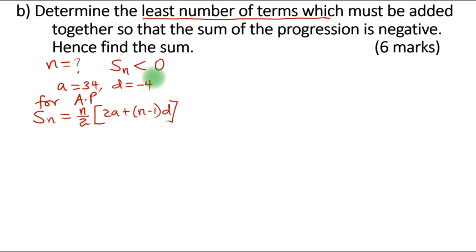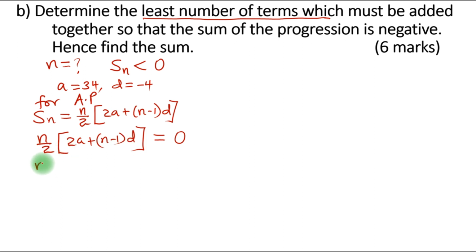So we have to consider a case whereby the sum is equal to 0. Therefore, the sum will be n over 2, open the bracket, 2a plus n minus 1 times d, close the bracket. They must be equal to 0, a condition whereby the sum will be equal to 0. Now we know the value of a, we know the value of d.